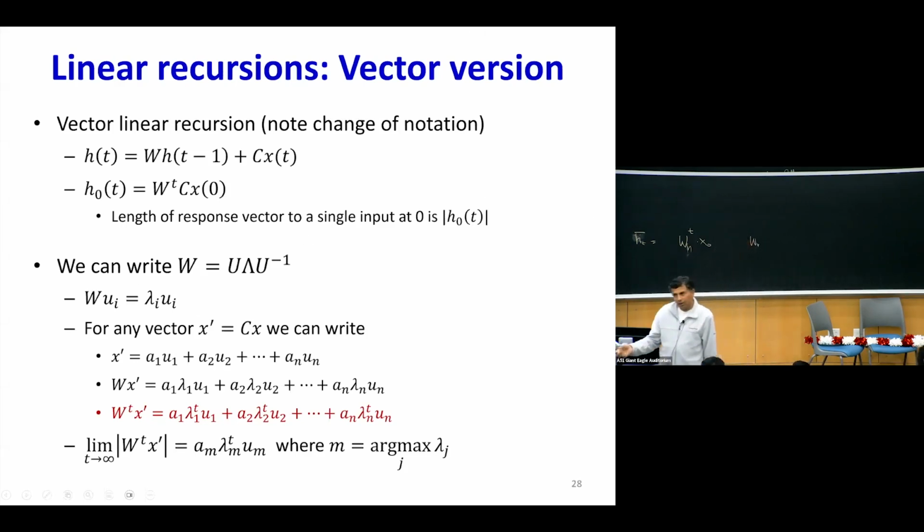Why is wh going to be square? What is the size of the output? In this recursion, I have ht equals wh times ht minus 1 plus other terms.